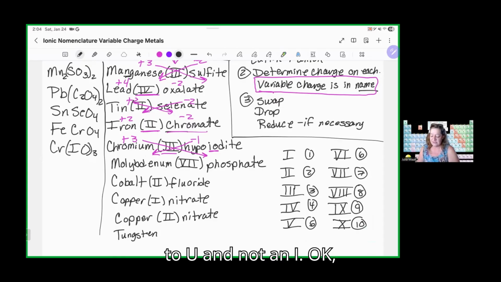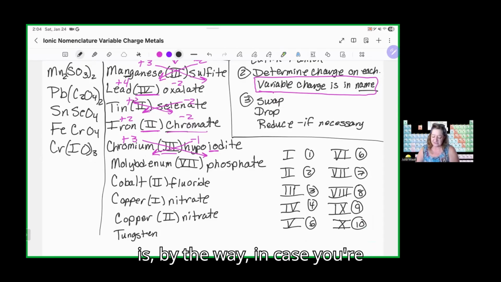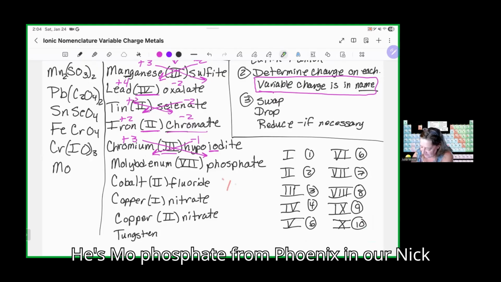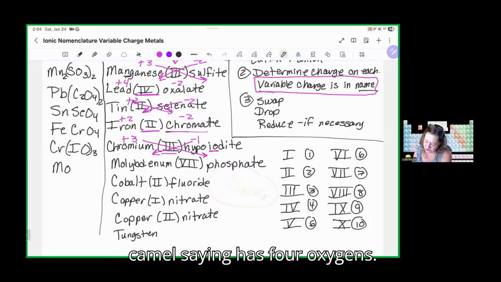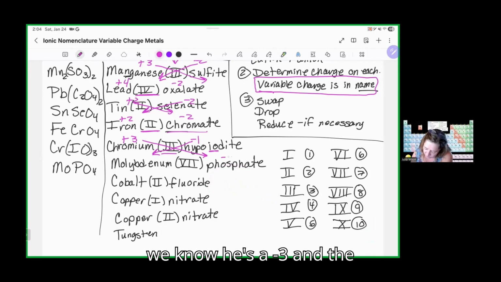Okay, so molybdenum, the symbol for molybdenum is, by the way, in case you're curious, it's 42 on the periodic table. It's Mo. Phosphate, from Phoenix in our Nick the Camel saying, has 4 oxygens and a -3.